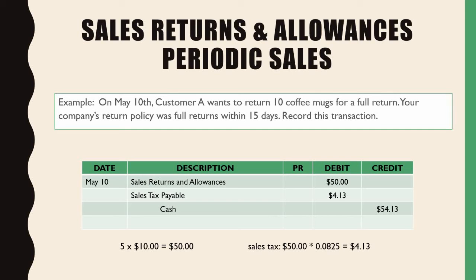So we're going to take $50 multiplied by the 8.25%, and you're going to have to refund $4.13. So in grand total, you're going to be giving back customer A $54.13. Any questions here?